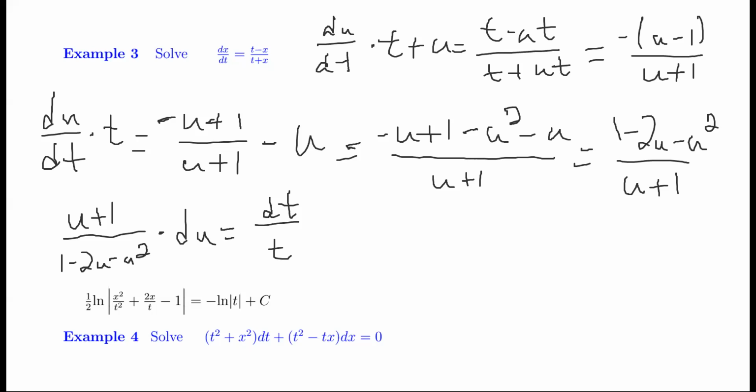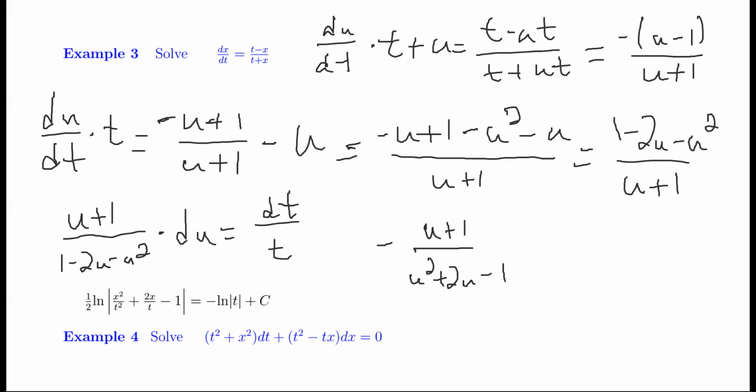Real quick change here. I prefer to have a positive u squared on this term, so we can factor a negative out of that denominator. And this will actually become negative of (u plus 1) all over (u squared plus 2u minus 1).